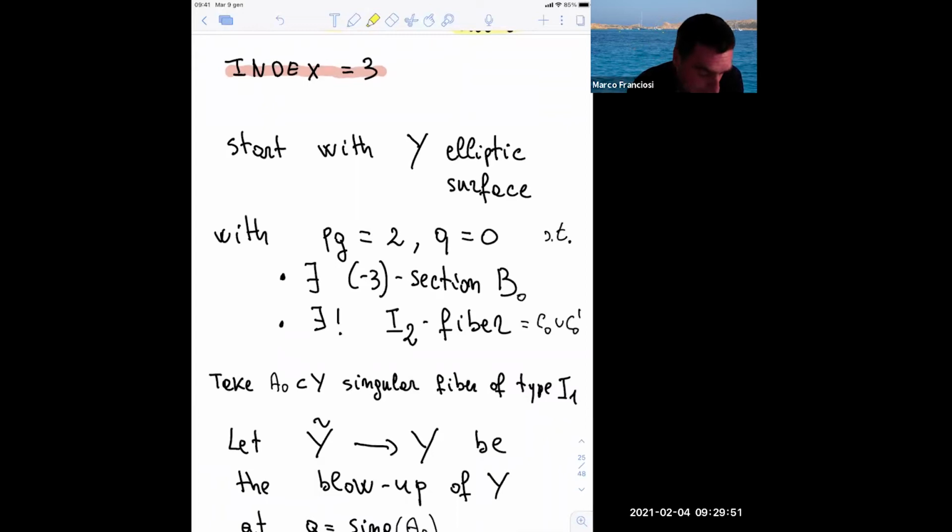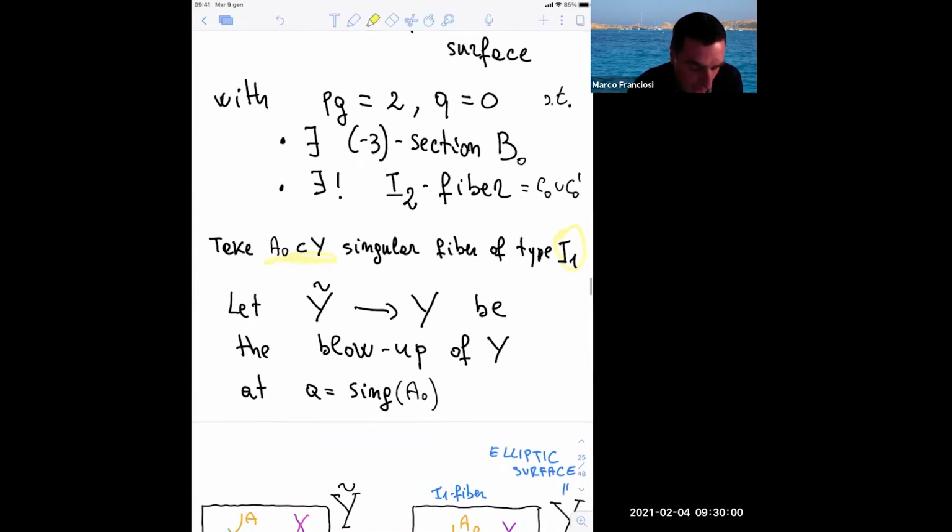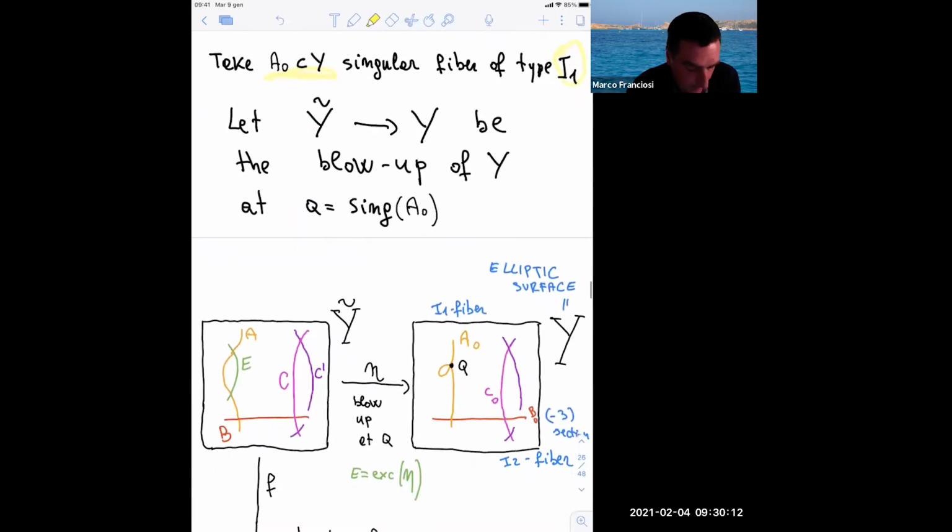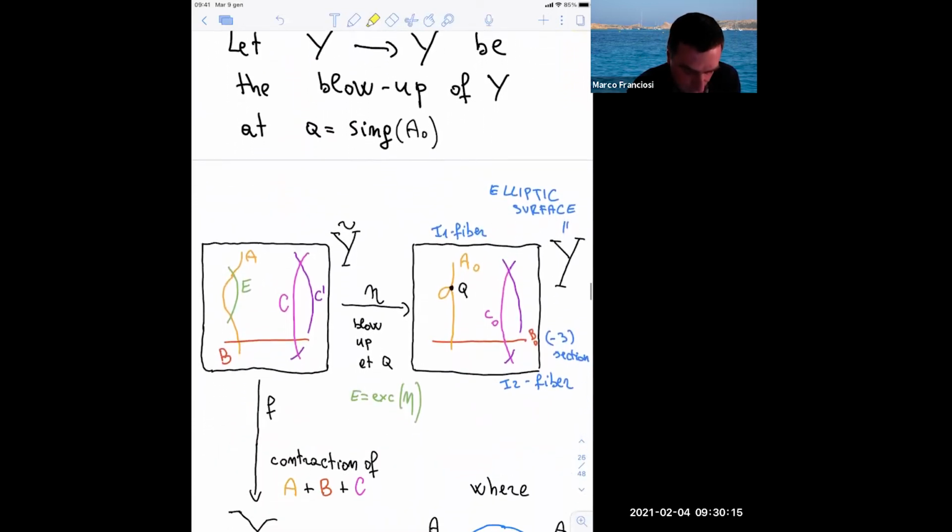We take A0, a singular fiber of type I1, and we let Y tilde over Y be the blow up of Y at Q, which is the singular point of A0. So the picture is the following.